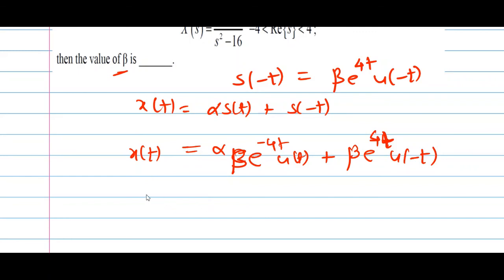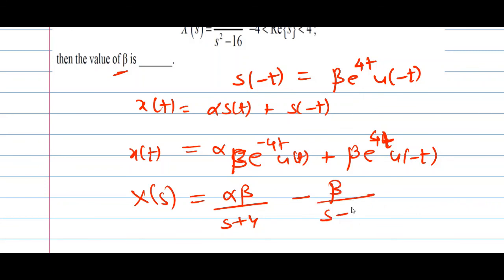So take the Laplace transform. X of s equals alpha beta divided by s plus 4. Now beta e raised to 4t u of minus t has Laplace transform minus beta upon s minus 4.